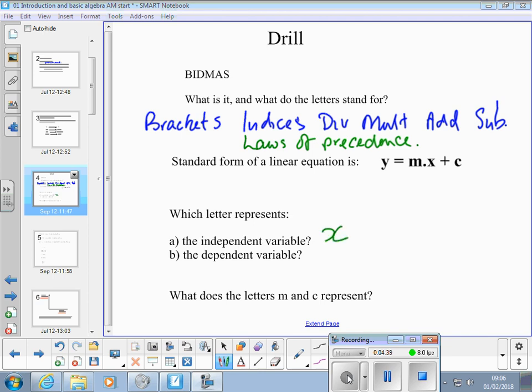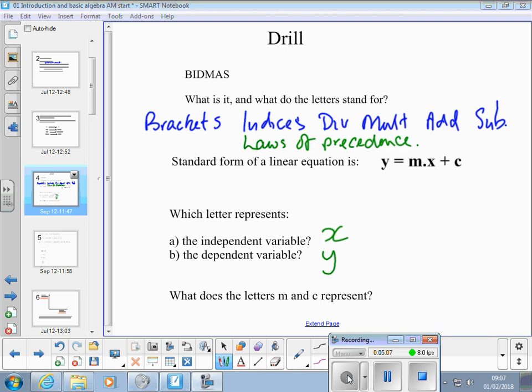So the dependent variable is y. Y is equal to a function of x. So y is the one that's going to depend on what the value of x is. Alright, we might change that round and say what value gives me a particular value of y, but y would still be the dependent variable there.